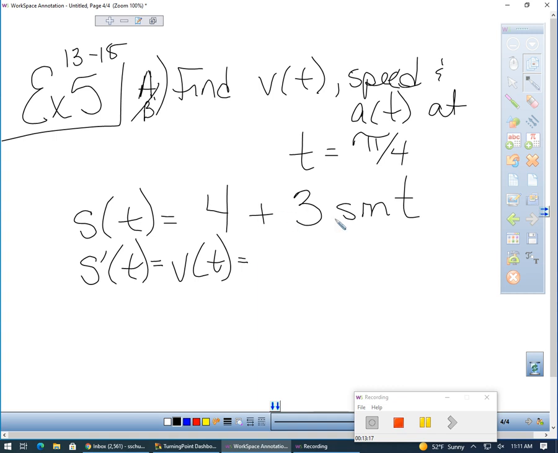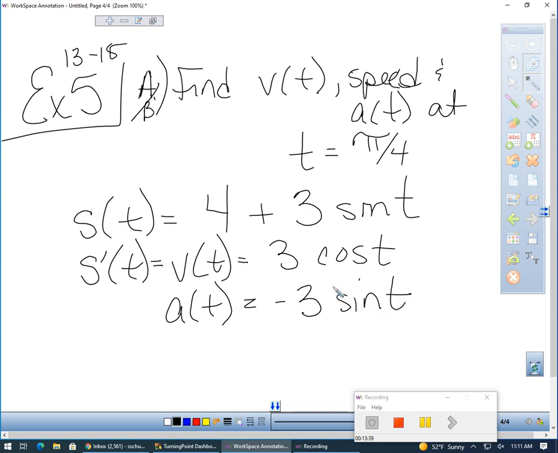The derivative of 3 sine t is 3 cosine t. Then our acceleration, a of t, is the derivative of v of t, so that's 3 times negative sine t. Finding those 3 equations is part A.